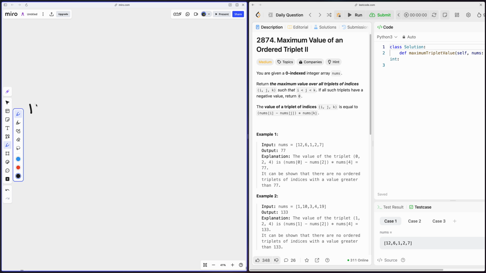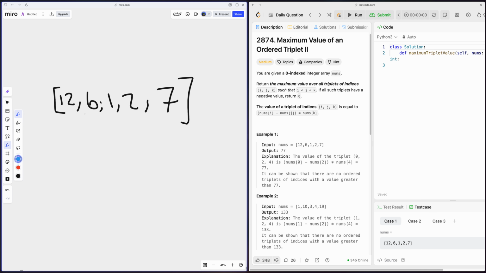What I can see though is if we have an array and we move left to right, we could treat everything as k.